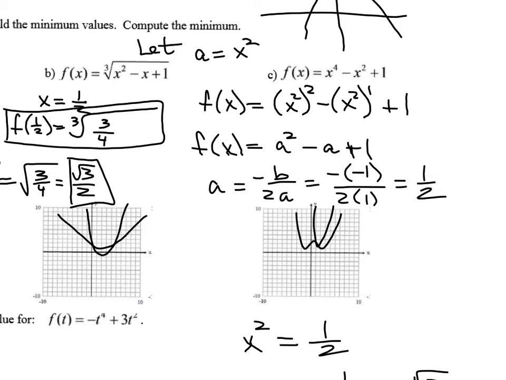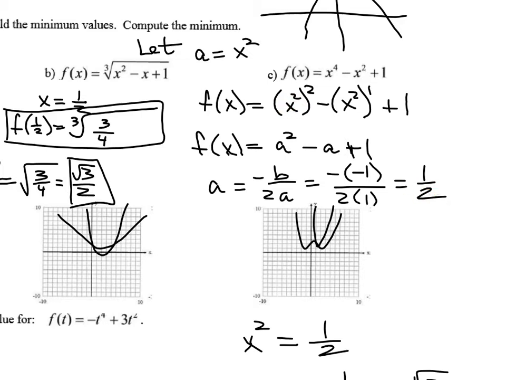Now, if we look at this last one, if you think of x to the 4th as x squared squared, and x squared as x squared to the 1st, this is actually a quadratic. You can think of this as a, or some other variable other than x, and if you look, this is a quadratic. And it works to get us the a value of 1/2 if we think of x squared as 1/2.